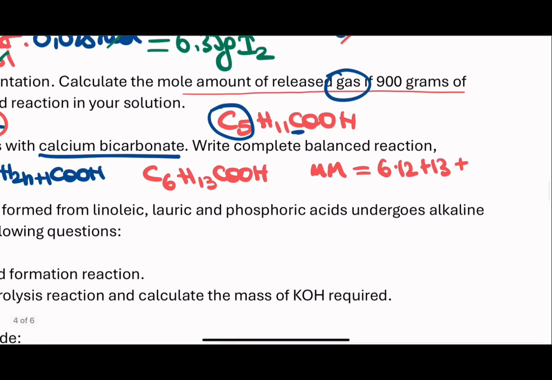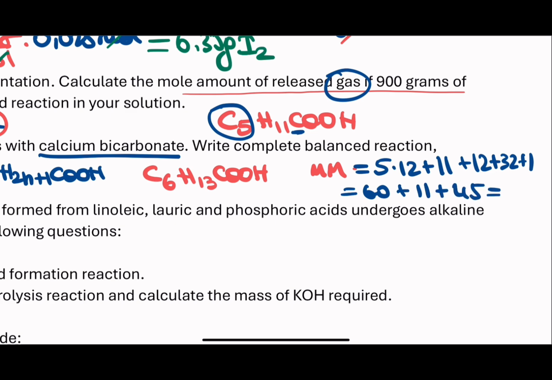So the molar mass of this would be 5 times 12 plus 11 plus 12 plus 32 plus 1. Now this would be 60 plus 11 plus 44, 45, and then together it would be 116 grams per mole.